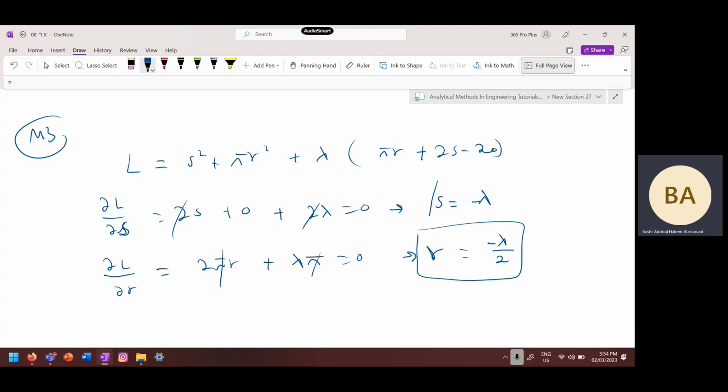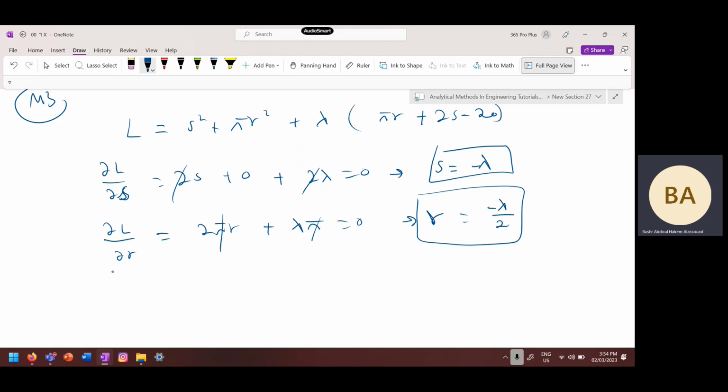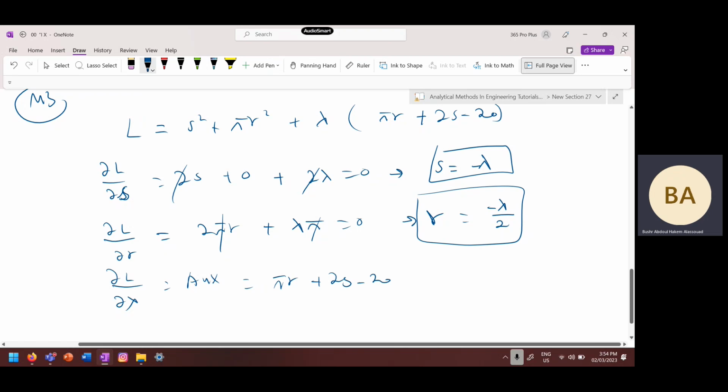Now you have these two values. Substitute them in the auxiliary. Partial L over partial lambda is equal to the auxiliary. So you have pi r plus 2s minus 20 equal to 0. Substitute the new values.